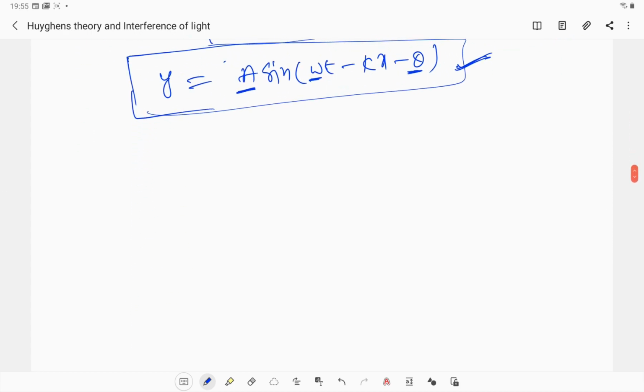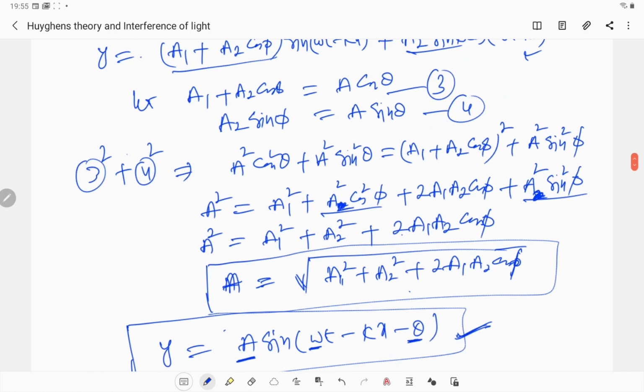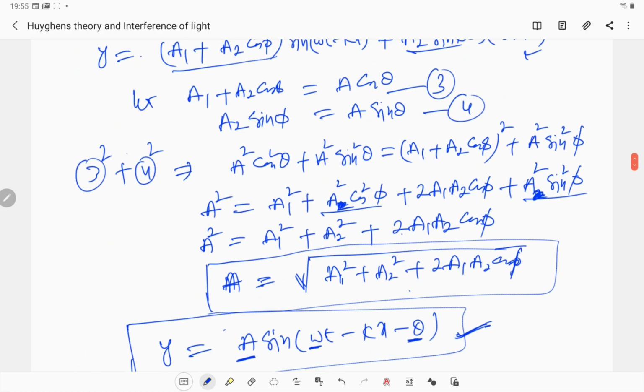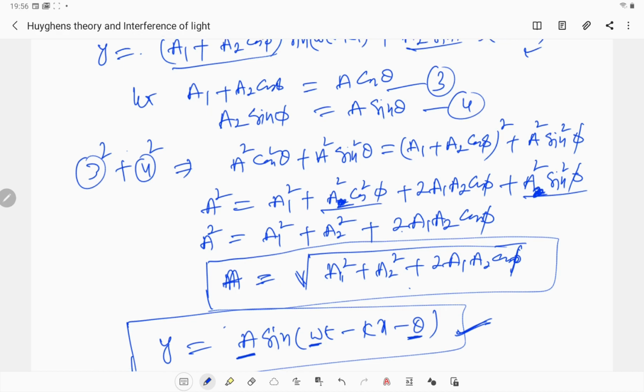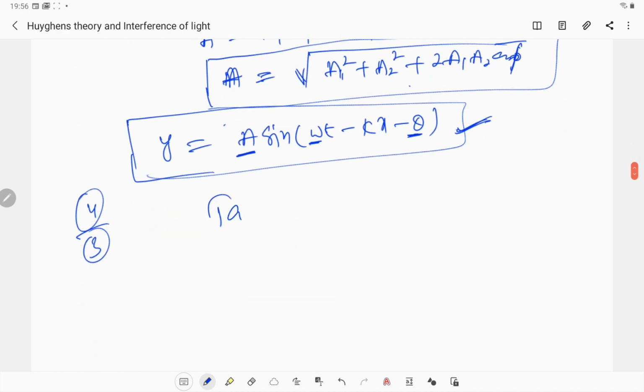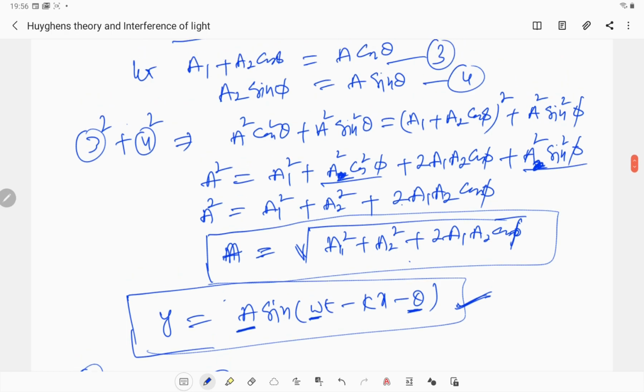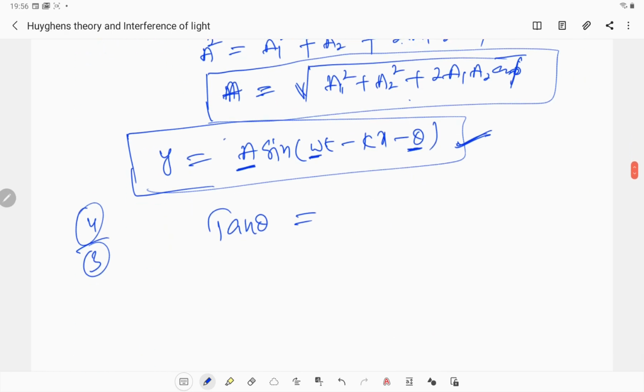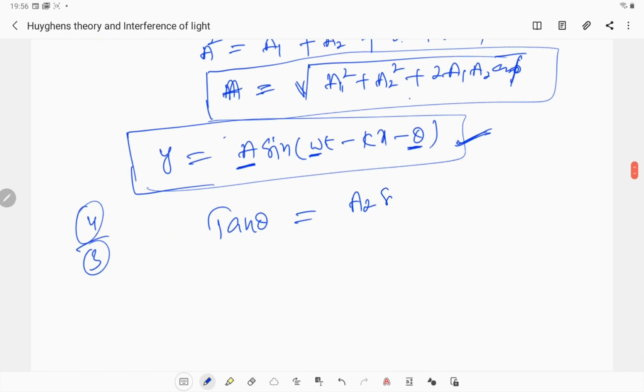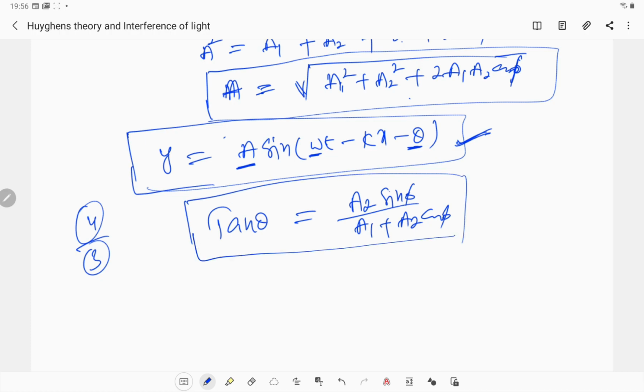See, if you divide 4 by 3, here 4 is A sin θ, 3 is A cos θ, A cancels, sin θ by cos θ is tan θ. Tan θ is equal to a2 sin φ by a1 plus a2 cos φ. This type of formula we have already seen with vectors.